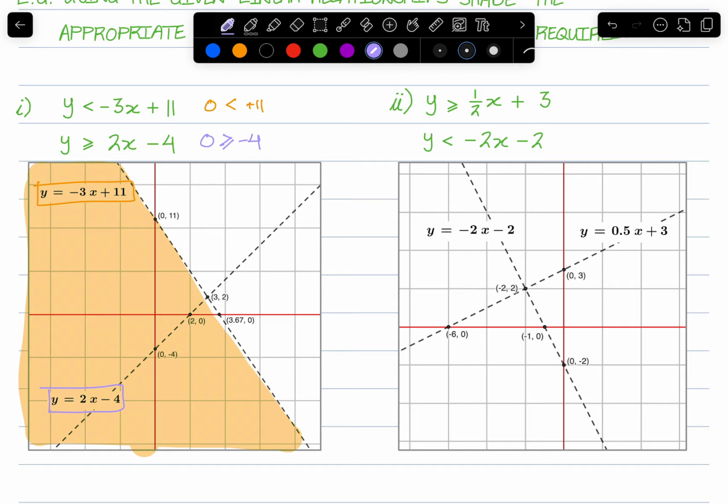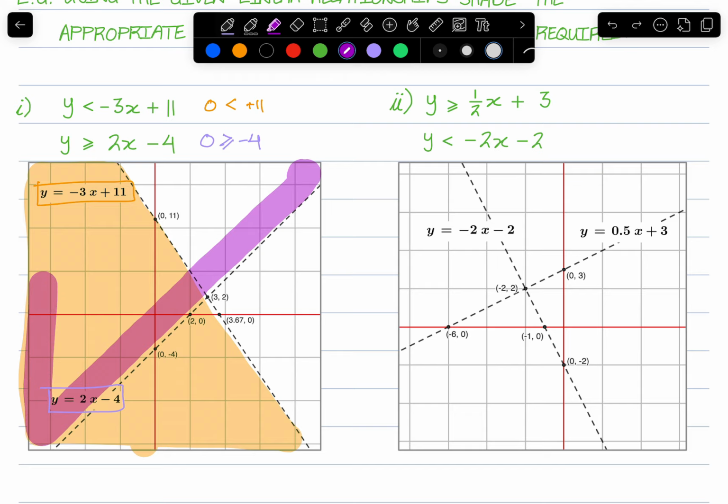Now, is that a true statement? In this case, it is. 0 is indeed greater than negative 4. So in light purple, I am also going to shade this region here. Let's do this in a darker purple so we can see it. Oops, sorry. Should be above this line here.